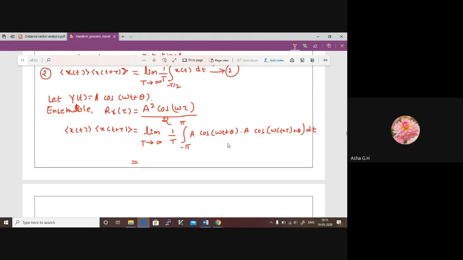You can take A squared out, A squared upon T, with T tending to infinity, cos omega t plus theta into cos omega t plus tau plus theta. You can apply the formula for cos a cos b. I think it is 1 by 2 of cos a plus b plus cos a minus b. Try to verify that, solve this equation and tell me the answer. How can we relate that with the autocorrelation function that we got for the ensemble?